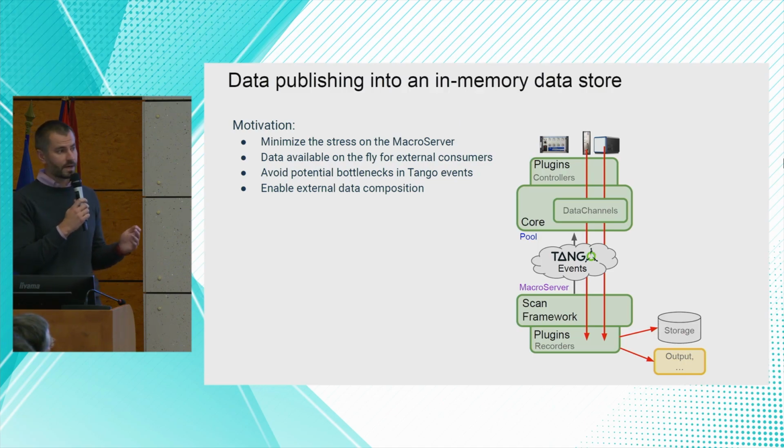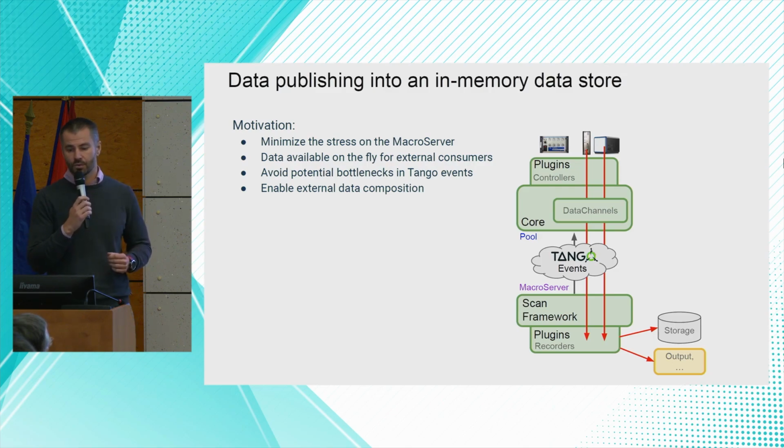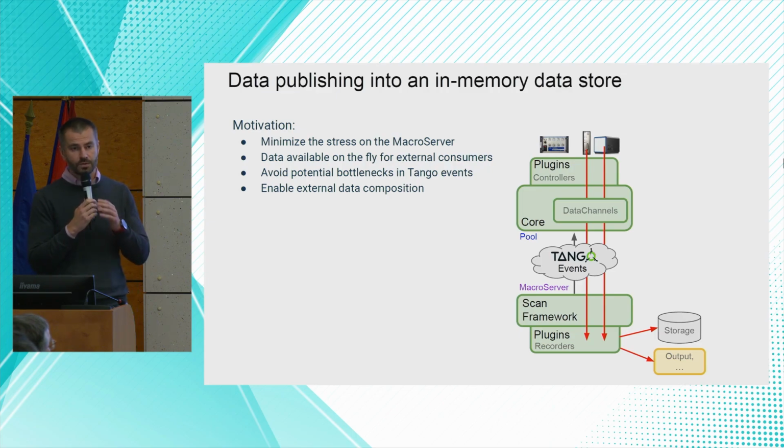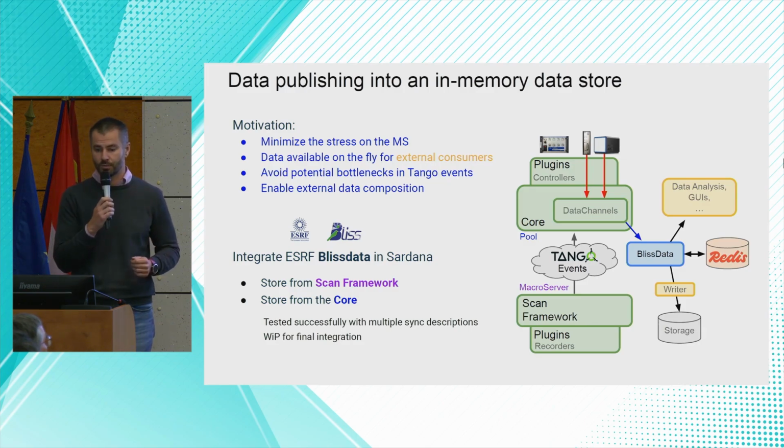We wanted to minimize the stress on the macro server, make the data available to external consumers, reduce the stress on the Tango event system, and enable external data composition, which will be very interesting when using these multiple synchronization descriptions. So we opted for using the Redis database for that, which is very popular in the community.